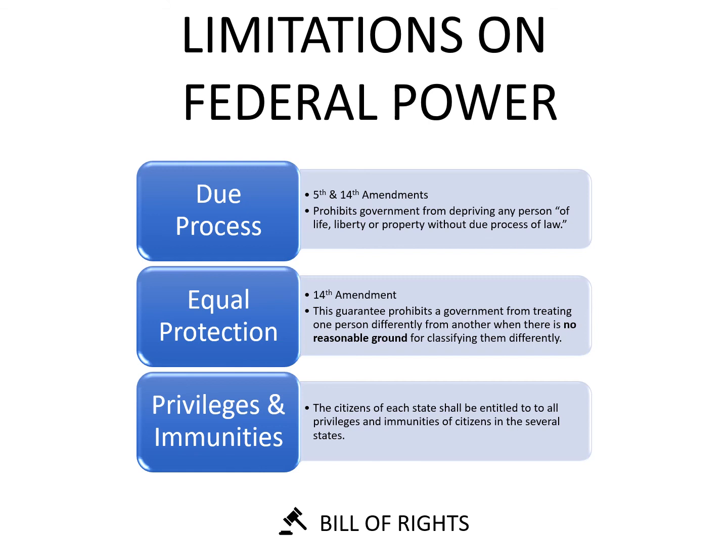Now, due process of law, you can look in the back of your book and read the full clause. Due process of law is not actually defined in the Constitution.